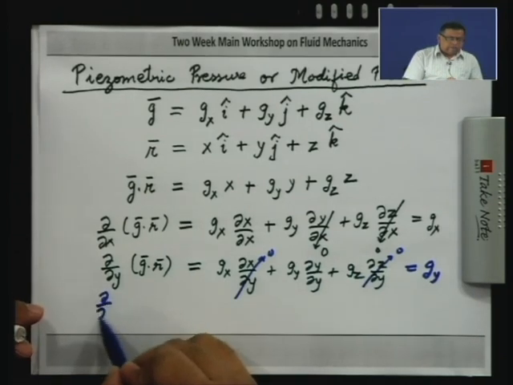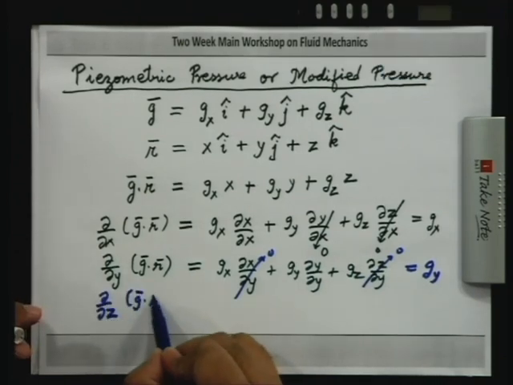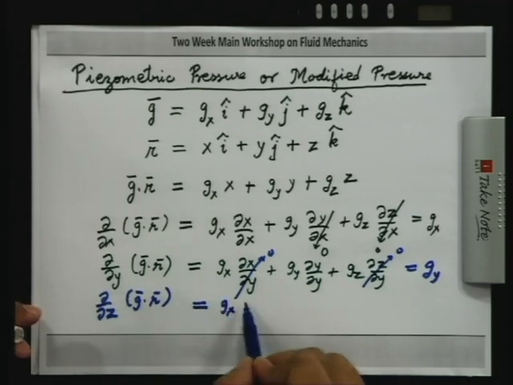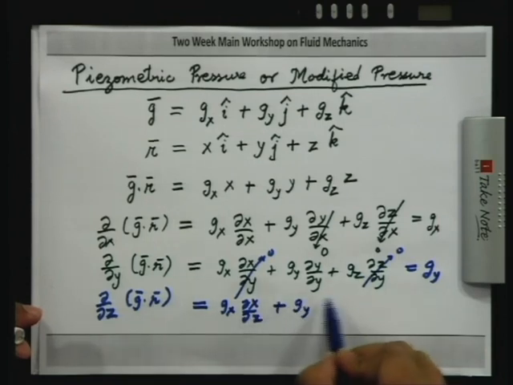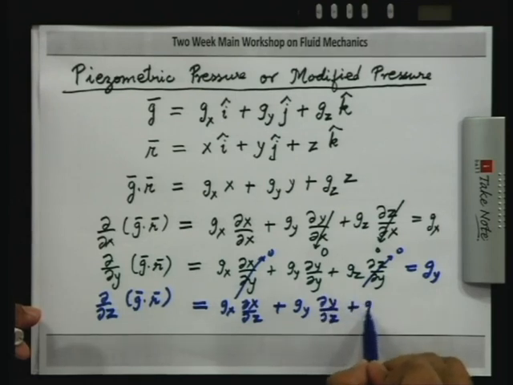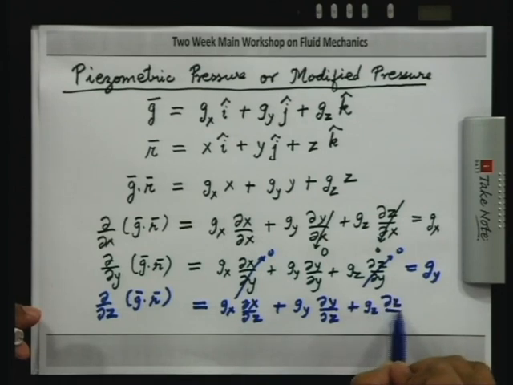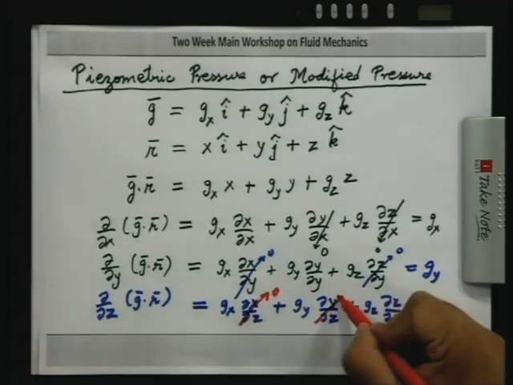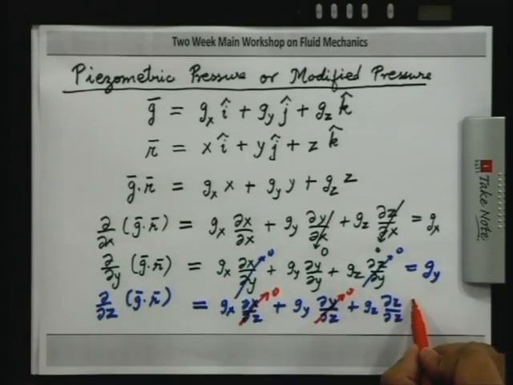Now, if you look at del z of g dot r, it is going to be g x del x/del z plus g y del y/del z plus g z del z/del z. The first two terms are going to be 0 because these are independent coordinates, and the last term will be g z into 1. So, you will get simply g z.